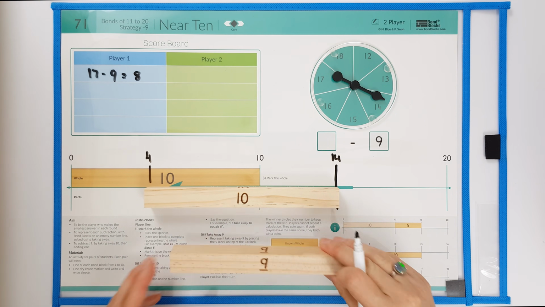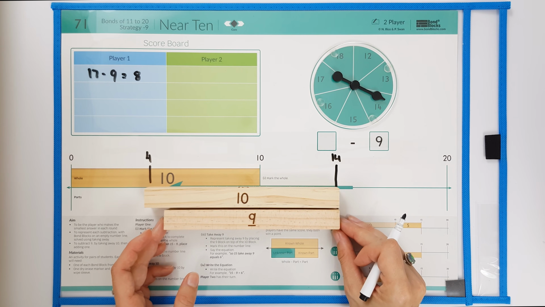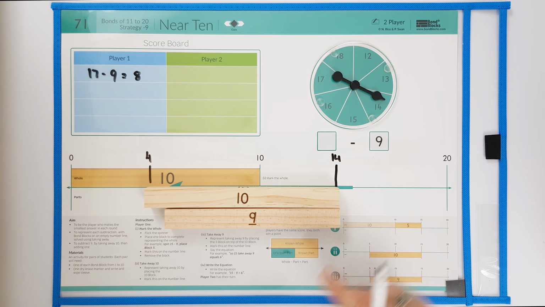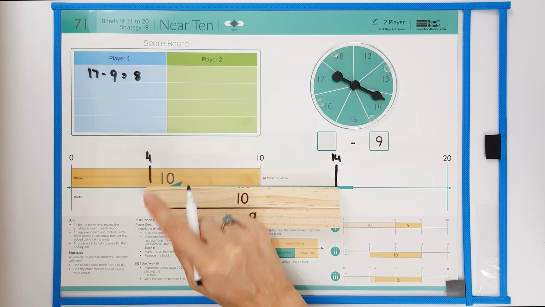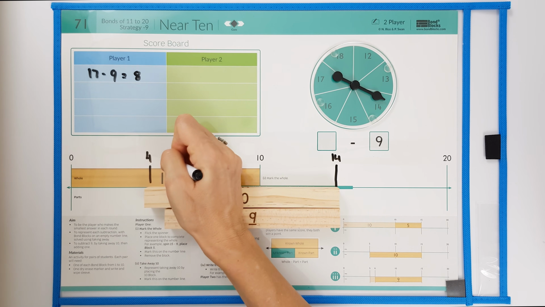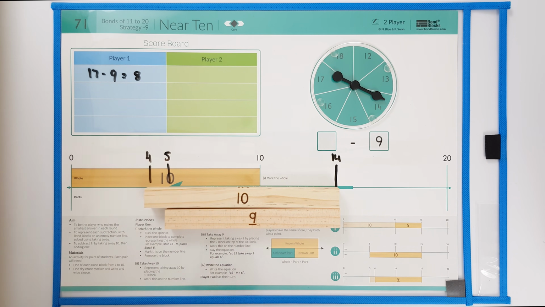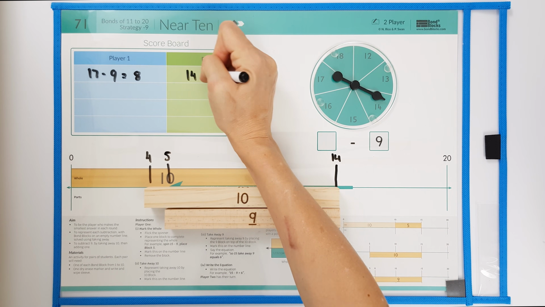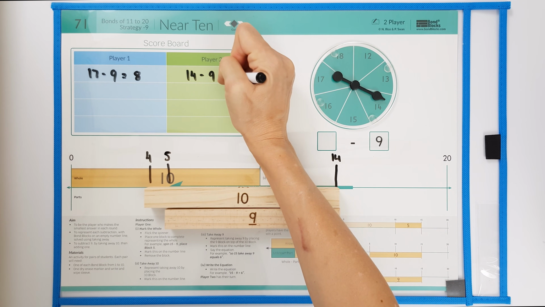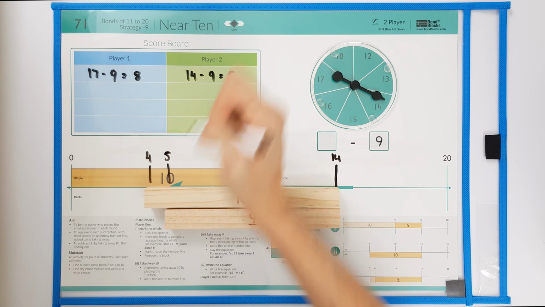I then take away 9 and say, so 14 take away 9 equals 5. And I record this. 14 take away 9 equals 5.